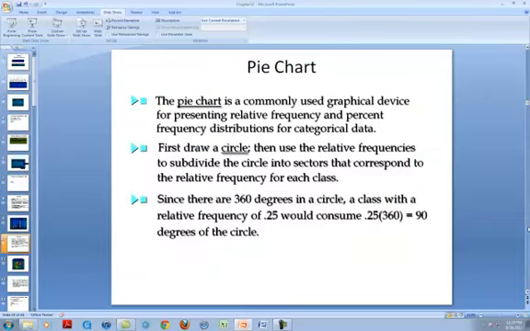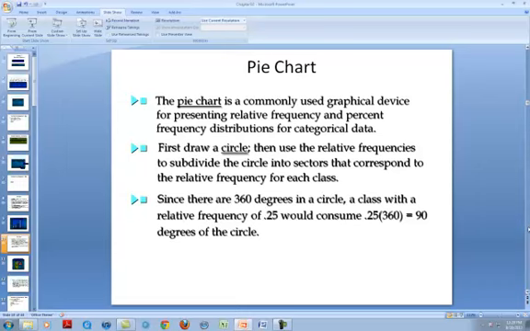The pie chart, on the other hand, uses a circle. What we do is we draw a circle and then we create slices corresponding to the relative frequency for each class. So for instance, if the class has a relative frequency of 0.25 or 25%, and since the circle covers 360 degrees, then that category should have a slice that covers 90 degrees of the circle.